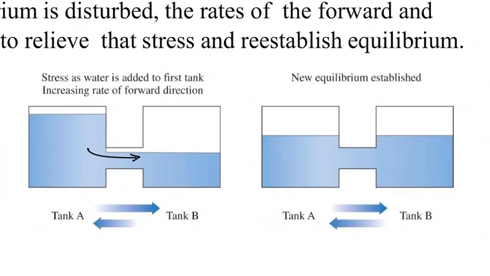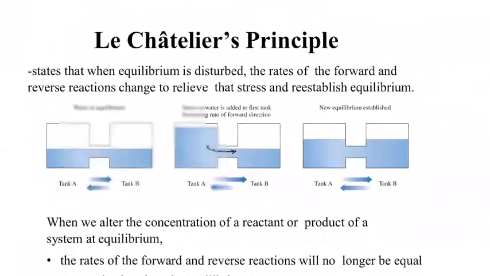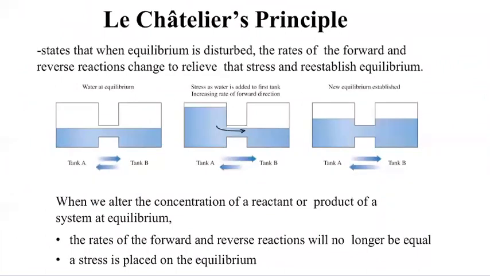Now, there are many things that can affect the equilibrium of a system, okay? Understand that in this class, in Chemistry 104, we are only concerned with two things in our chemical reaction, which is going to be concentration of reactants and concentration of products. That's the only thing that we're going to study.